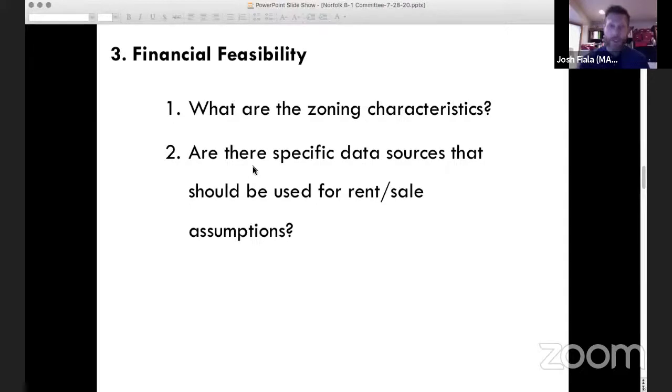And then the other question is asking if anyone on the committee or on the call from the public has specific data sources, like, for example, they really want us to use the rents that are recently coming in from 18 Union Street, whatever would make this most believable, because we're basically just using assumptions to plug into this financial model.